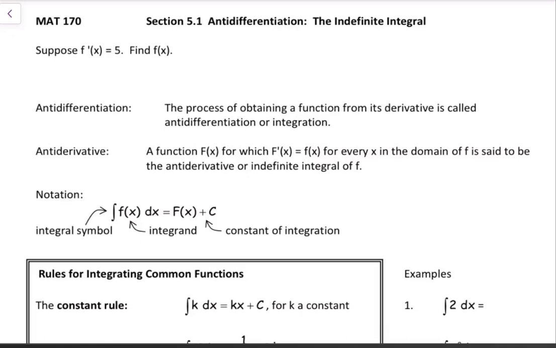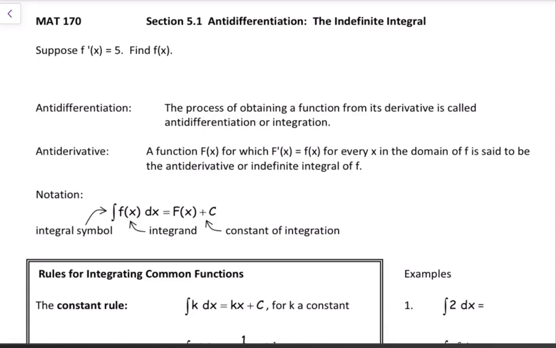Okay, so in this section, we're going to start really our last unit on topics in the course. And we are going to work with a process called anti-differentiation. So, you know, in math, we always tend to learn something and then we tend to learn the same thing backwards. So we learn how to add, then we learn how to subtract. We learn how to multiply polynomials together, and then we learn how to factor them.